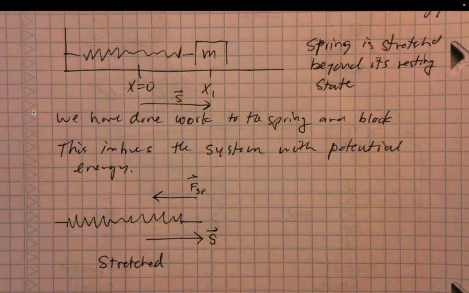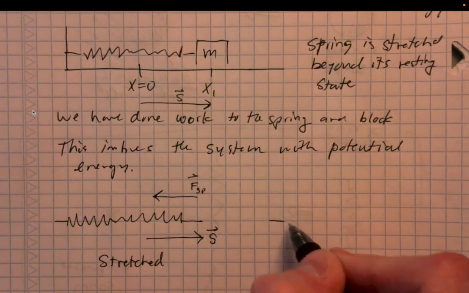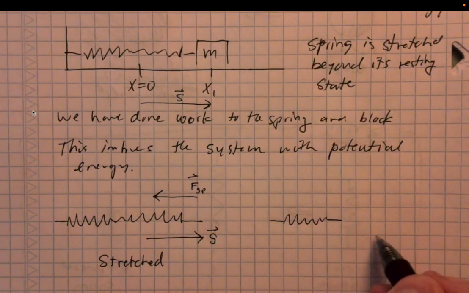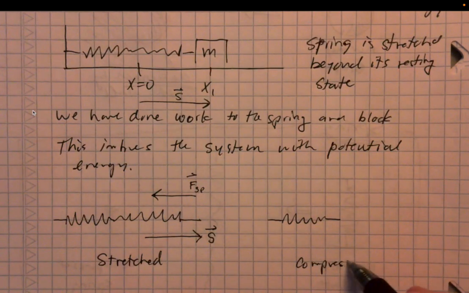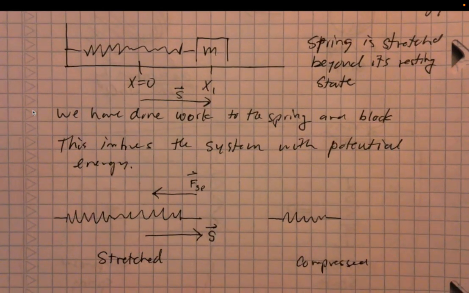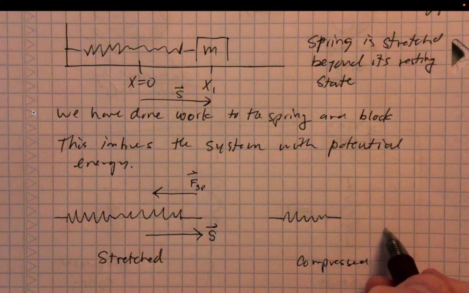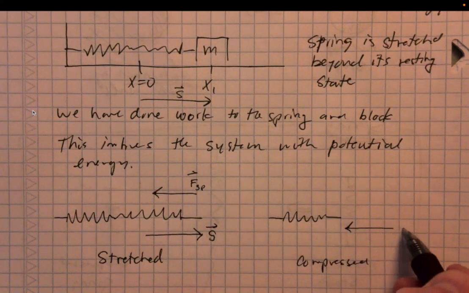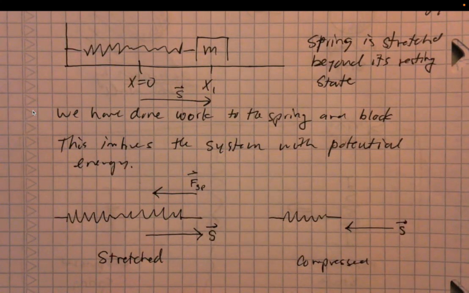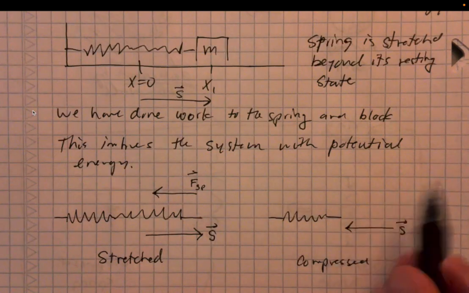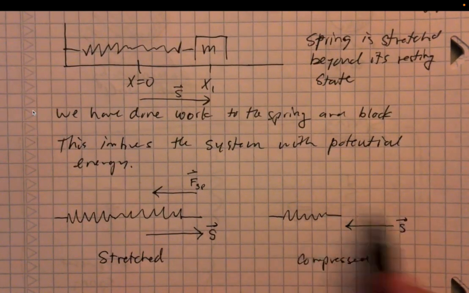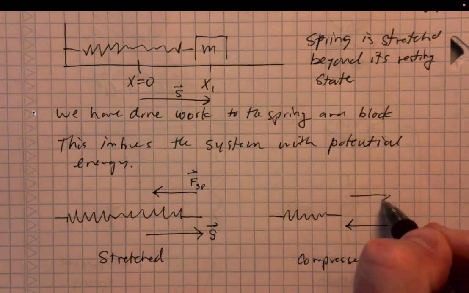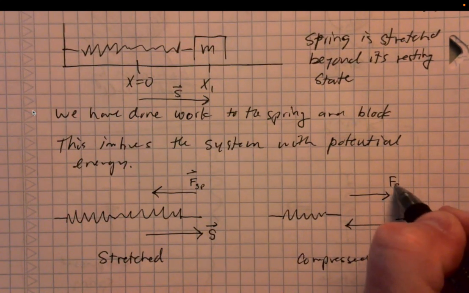Now what happens when I compress the spring? In that case, this is compressed. In the case of compressing a spring, the displacement is this direction, and so the spring will want to stretch back out. It'll want to go back to its normal state, and so the force in that case is going to be the other way.